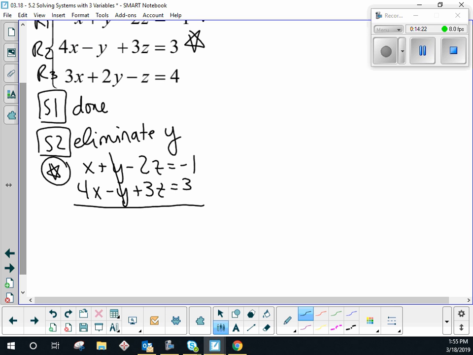You add your x's, you get 5x. You add your z's, you have 1z. And then 3 minus 1 is 2. How many variables are in that equation? 2. So I can't solve it yet, right? But at least I've lessened the amount of variables I have to work with. I'm making forward progress. The goal is to eliminate all of them and solve for them.